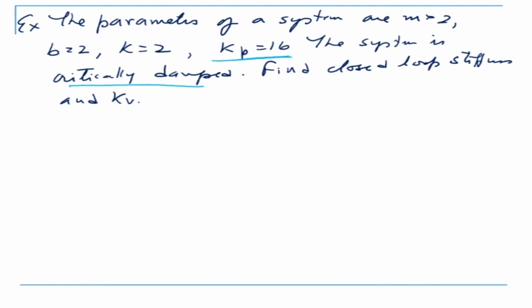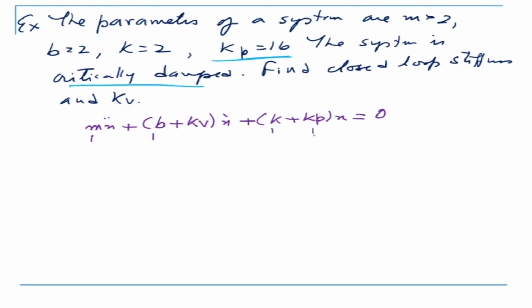Okay, so here what we are seeing is that we are given, let us go back again to that equation that we wrote, mx double dot plus b plus kv into x dot plus k plus kp x is equal to 0. Okay, so what are we given? We are given m, b, k, and we are also given kp.